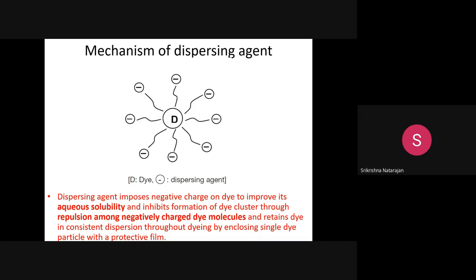Okay, so that it can make the dye soluble without forming the cluster. Okay, it will promote the solubility. So that is why, to create this negative charge around the structure, to improve the solubility and to prevent this cluster formation, we are adding this dispersing agent. This you should know, why we are adding the dispersing agent.